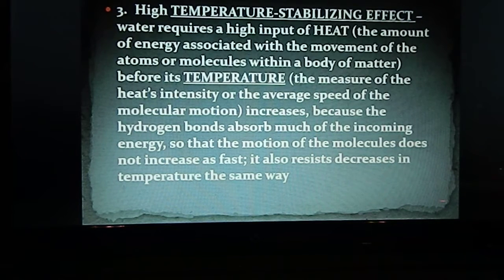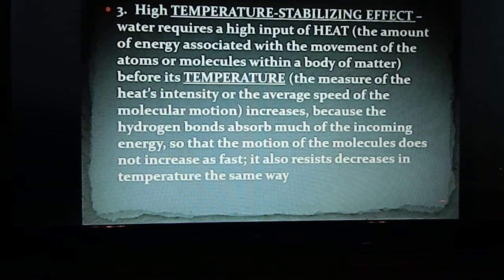As this heat is given off, our core temperature doesn't increase very readily until a certain amount of heat is absorbed, and then once that happens, the core temperature starts to increase.